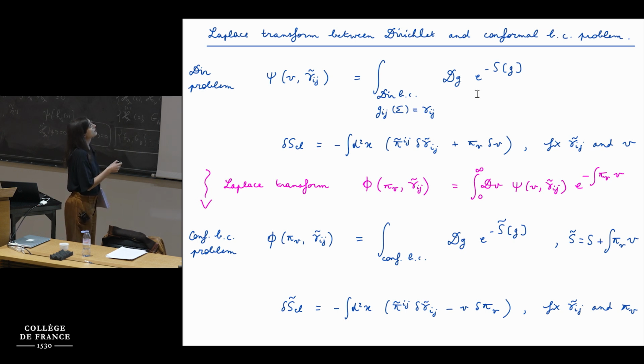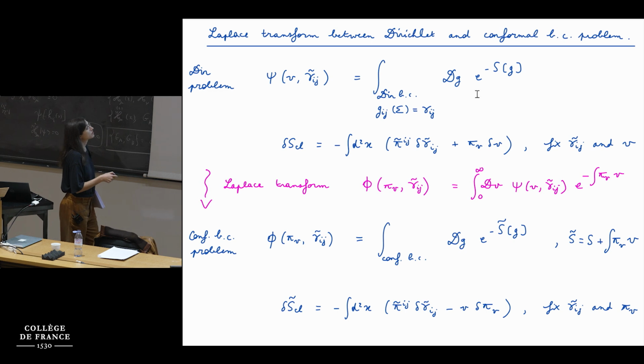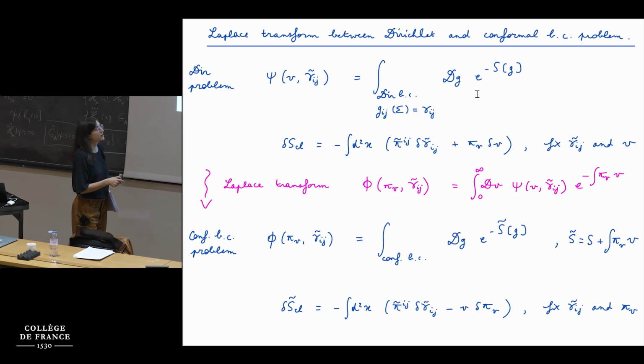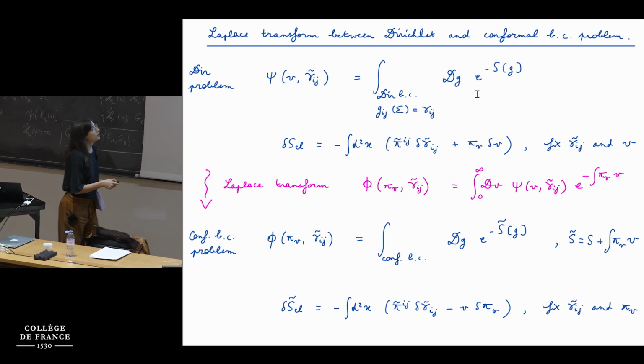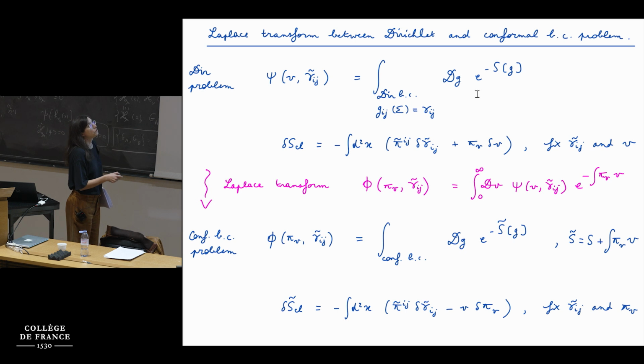Then you can take that gravitational wave function and Laplace transform it like this, to obtain a new gravitational wave function where the v dependence is basically replaced by York time dependence.